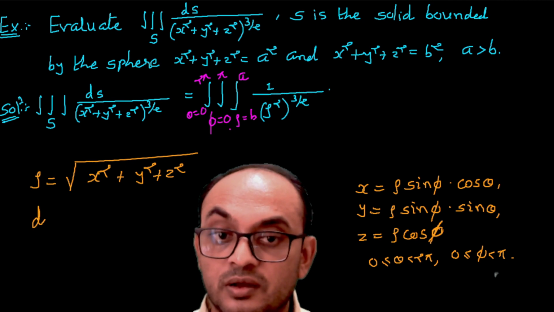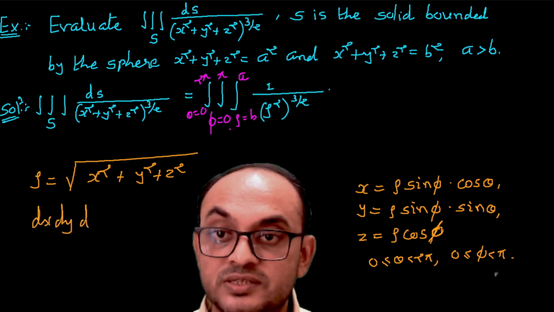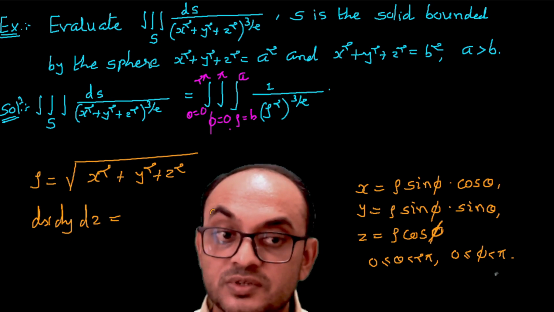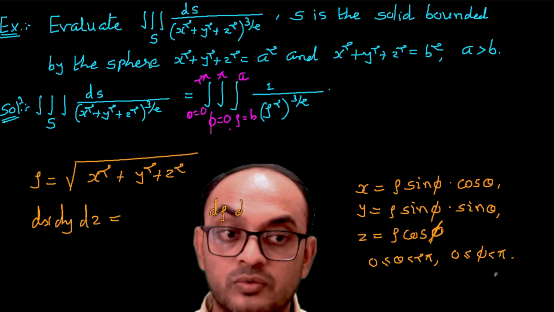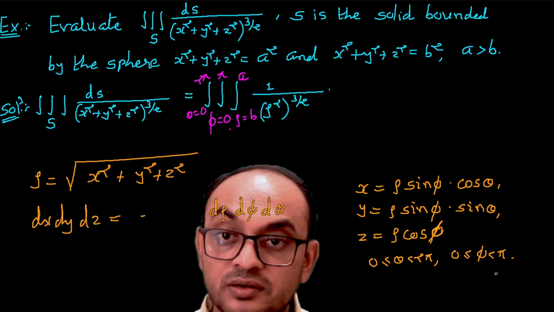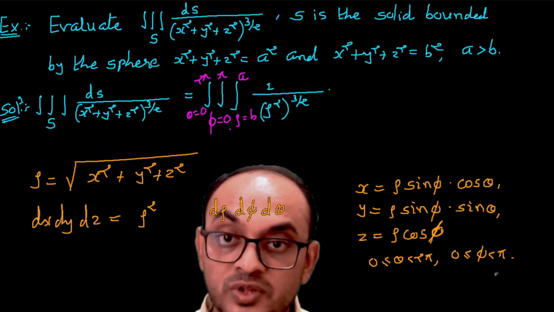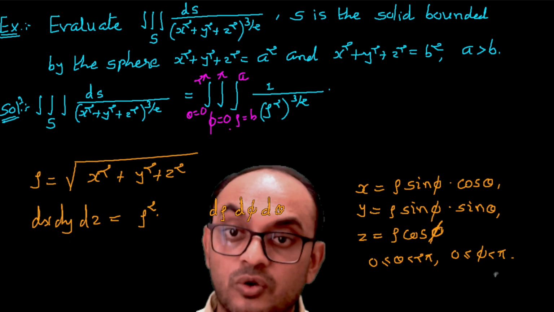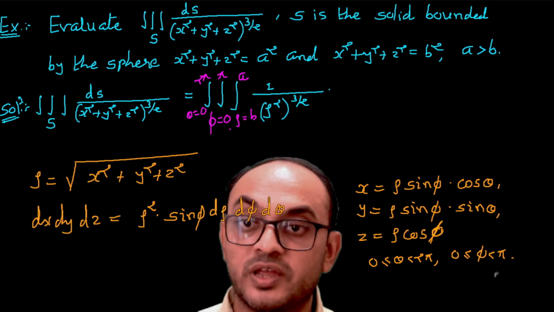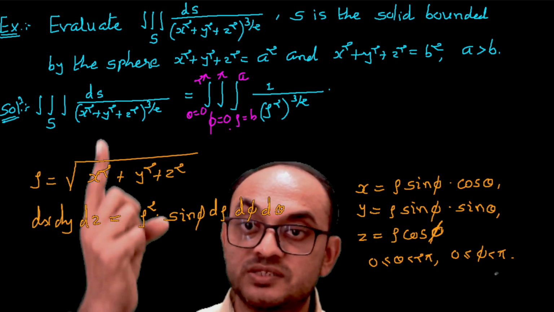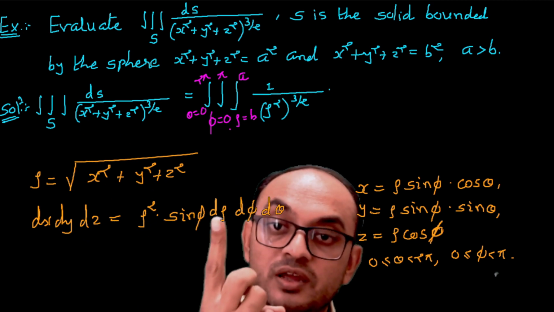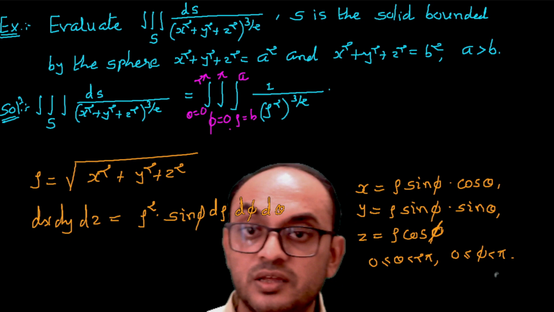Then dx, dy, dz, by the transformation of variables, becomes d rho, d phi, d theta, and the extra quantity coming from the Jacobian is rho square into sine phi. So in place of dx, dy, dz, which is our ds, you have to write rho square into sine phi, d rho, d phi, d theta.